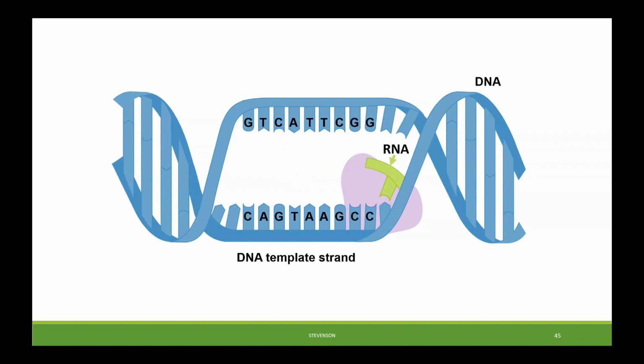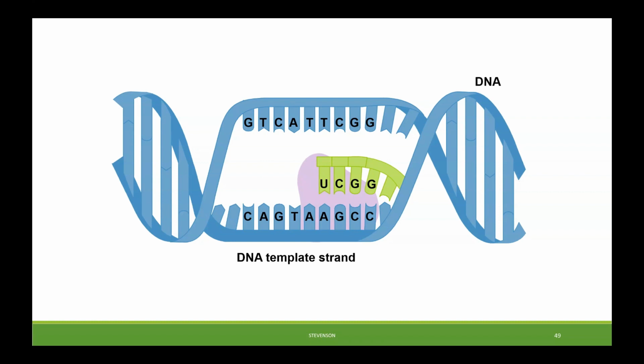And when we say matches, we don't mean that it adds the exact same letters, but rather it adds the complementary partner of each letter. So you know by now that in the DNA molecule, A pairs with T, G pairs with C. So when RNA polymerase sees the letter C, it will add a G to the RNA strand that it's creating. So C's turn into G's, G's turn into C's, A's turn into not T's, but rather U's.